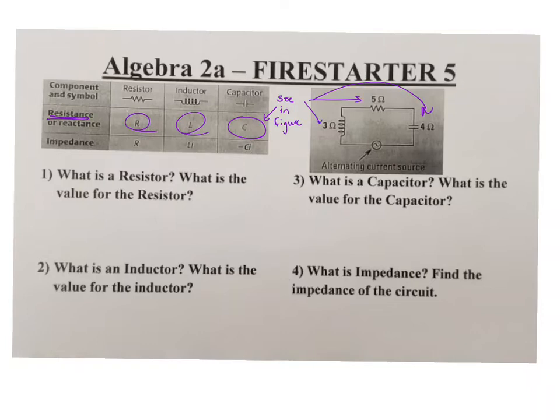R is for the resistor, L is for the inductor, C is for the capacitor. All right. Impedance. This is how you're going to write it.